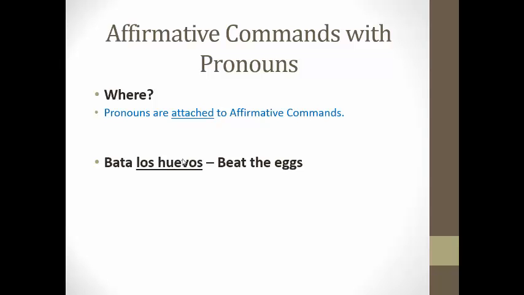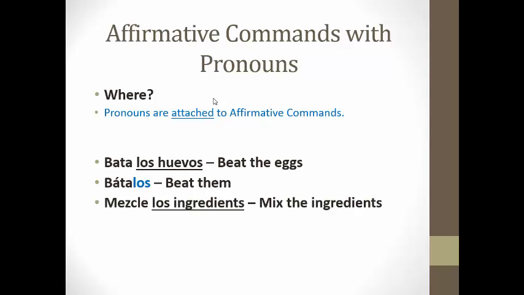Well, if I was already talking about the eggs and I was saying, oh, okay, so what do I do with the eggs? You might just say, oh, beat them. Okay, so to do that, you're going to replace los huevos with the word them. Okay, the direct object pronoun in Spanish would be los, and then you're going to attach it. Your answer would be bátalos.